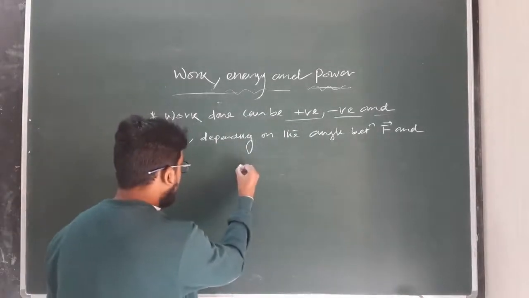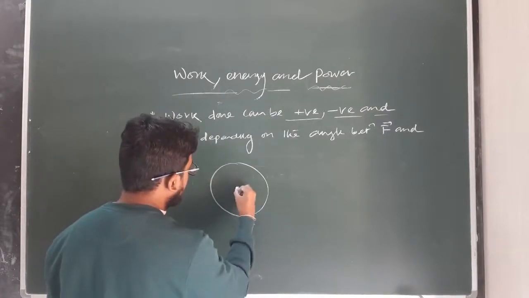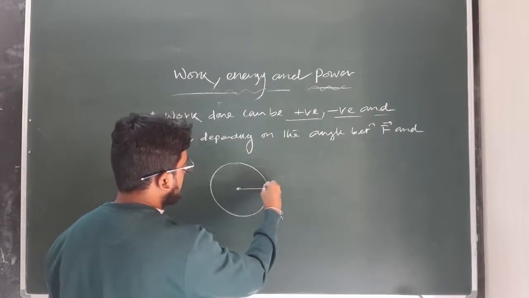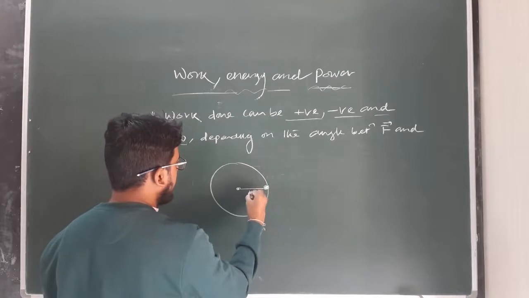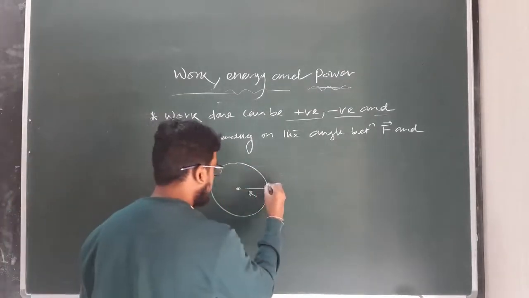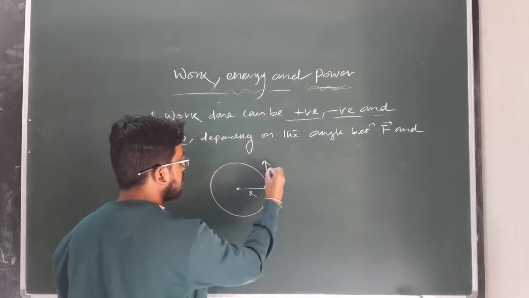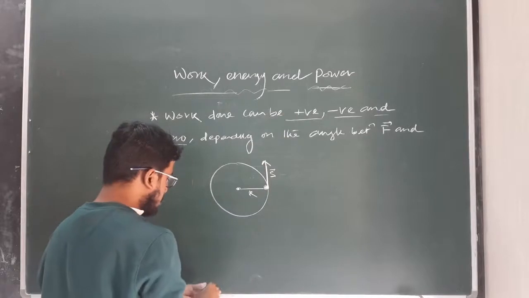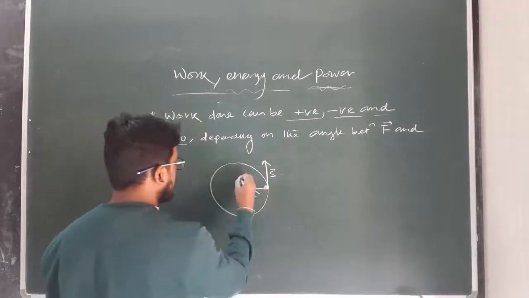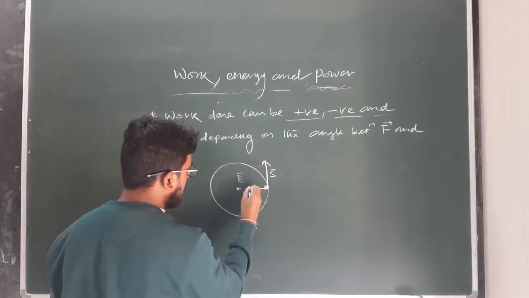Another, when a body is moving in a circular path like this, if a block is tied and revolving in a circular path of radius r, in this case, the displacement at any instant of the block is tangentially along this direction, but the force which is responsible for this motion is known as centripetal force. Okay, this is Fc, F centripetal, which is acting along the radius.